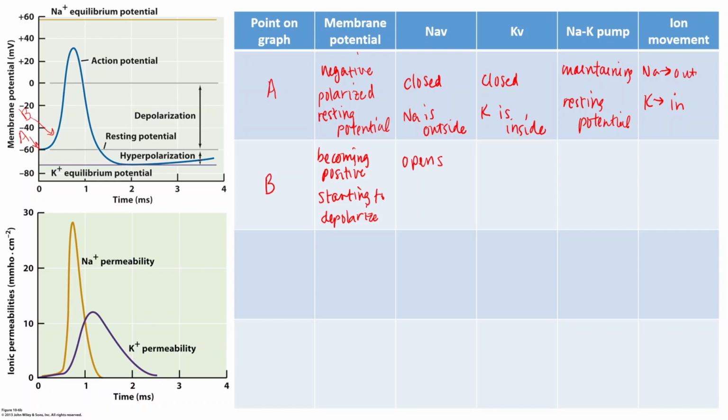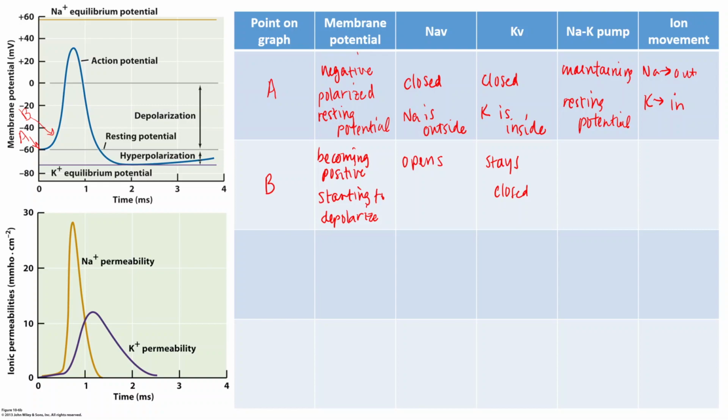It still stays closed. And so, don't worry about what the sodium potassium pump is doing right now in terms of membrane potential. This is happening really quickly, right? This has been about a half of a millisecond or so.